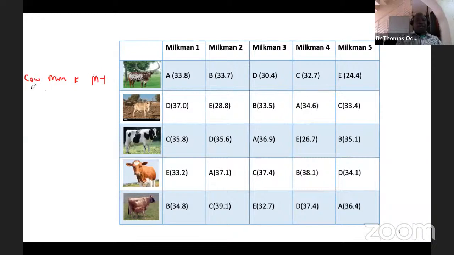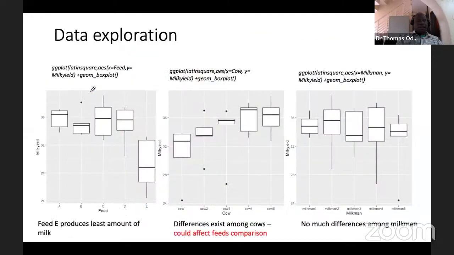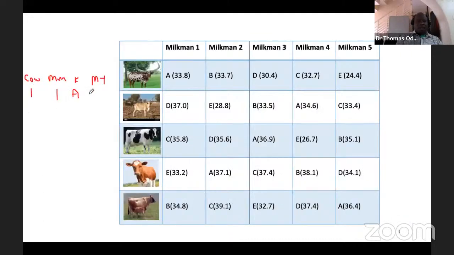So here we can have cow number 1, milkman number 1, treatment A, and the value here is 33.8.